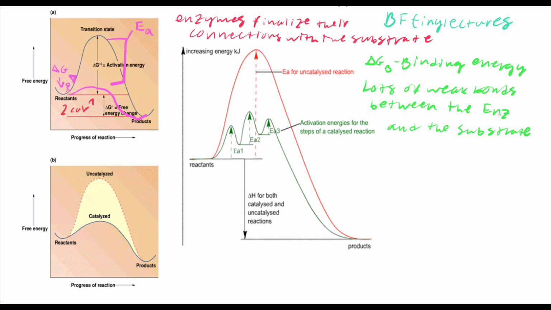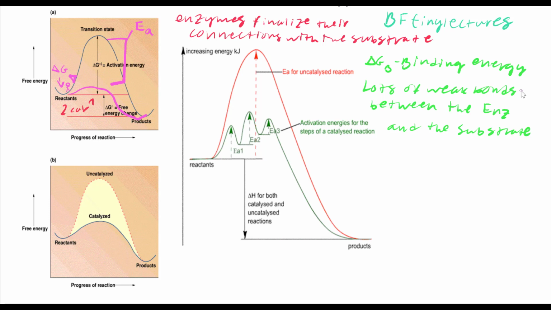You want to make an intermediate that is very stable and not harmful to anything. So the enzyme forms multiple weak bonds with the substrate to make sure the intermediate is not harmful, does not break down easily, and does not affect the overall reaction. Those multiple weak bonds we call the binding energy, delta GB. So that's some vocabulary for you to know.